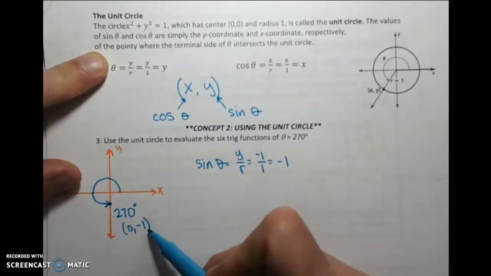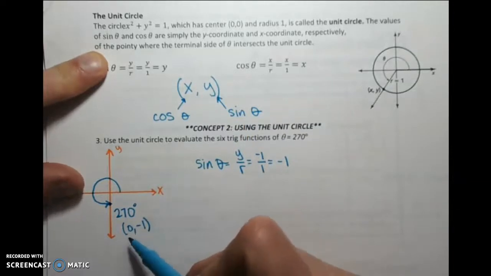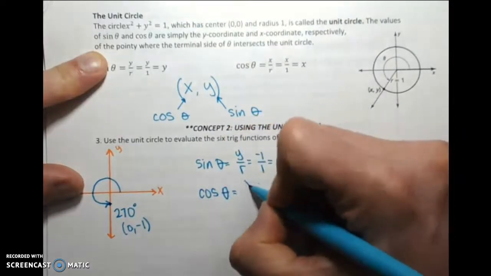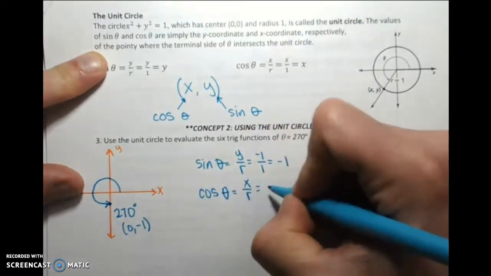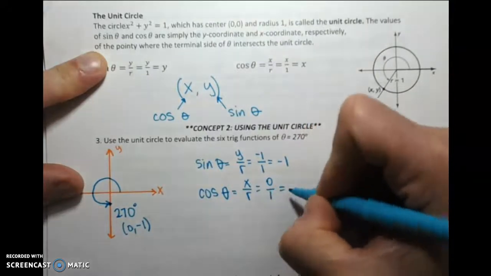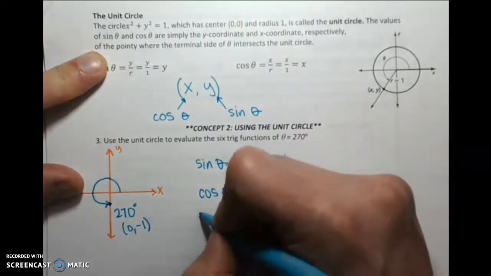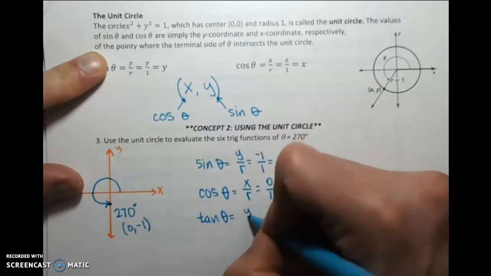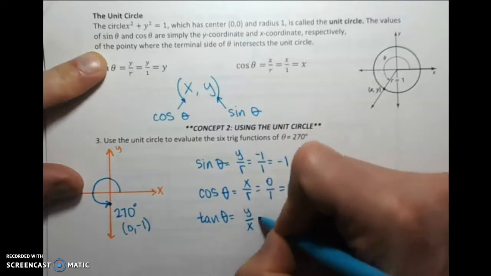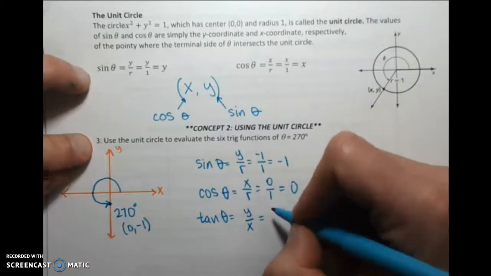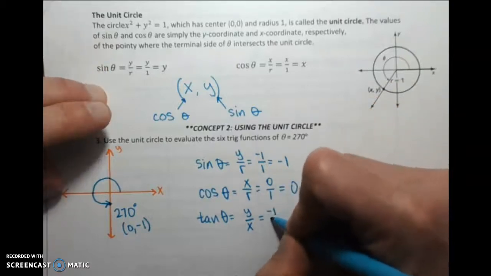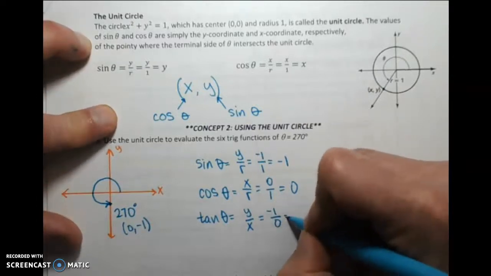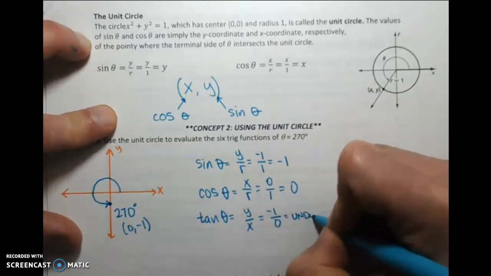And what's cosine going to be? 0, right? But I'm going to show you anyway. Cosine theta equals x over r, which is 0 over 1, which is again 0. Tangent theta equals y over x, and y is negative 1, x is 0. Well, can we divide by 0? No, it's undefined.